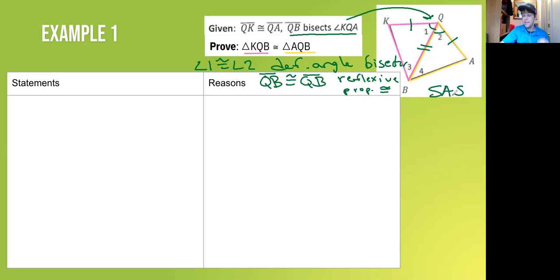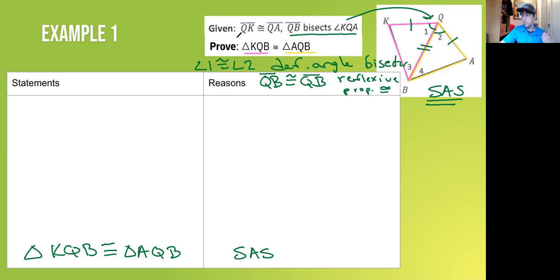This is going to be SAS. That is the way that I'm going to do this proof. Now it's about filling it out. I know how my proof's going to end: triangle KQB is congruent to triangle AQB by SAS. That's what the markings tell us.